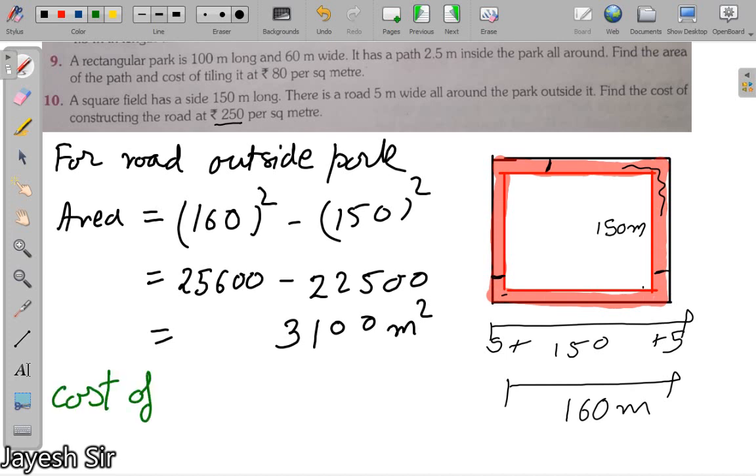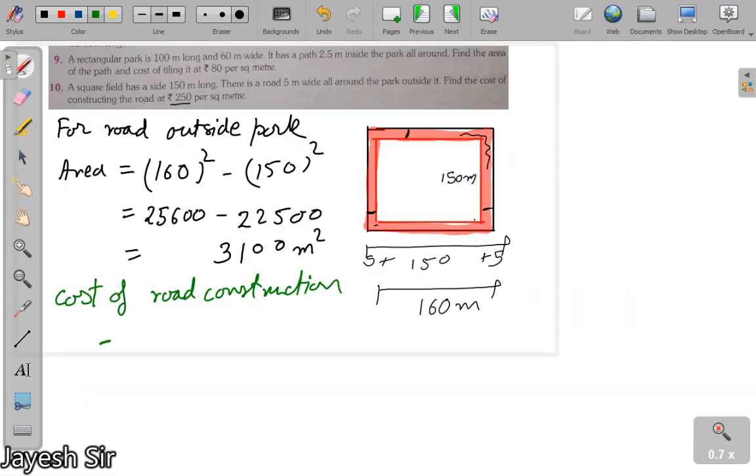And cost of road construction will be equal to area into rate.